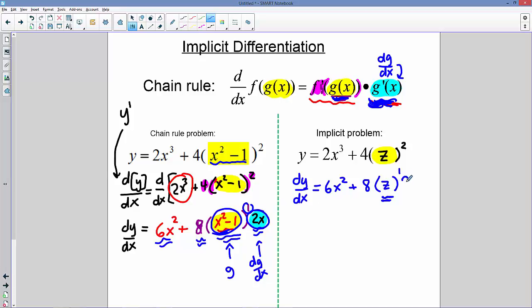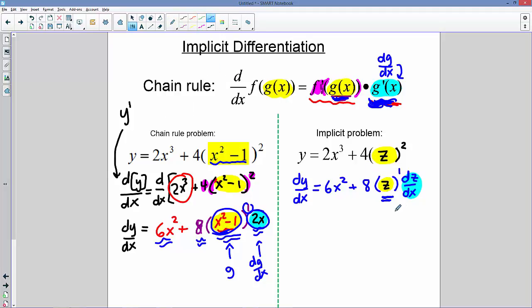So all I can do is leave it symbolically. It may be that z is equal to x squared minus 1, as you can see on the left side, and it may be that dz/dx is equal to 2x, but I don't know. And so I just leave it like this.